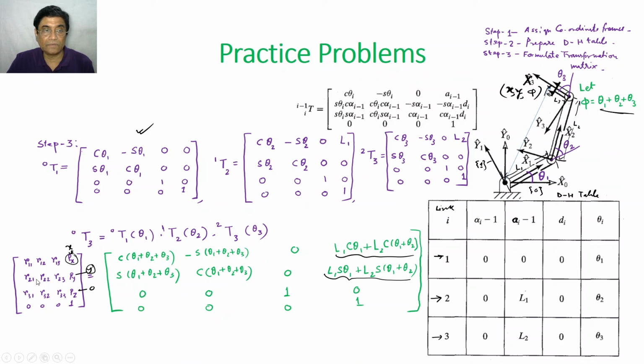That means you can generate this by running a loop: theta 1 outer loop, theta 2 nested loop, then theta 3. Every joint will have some range. It cannot be 0 to 360.